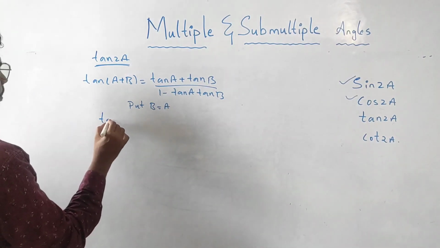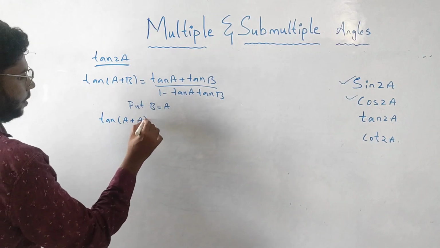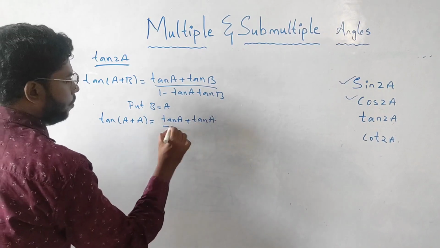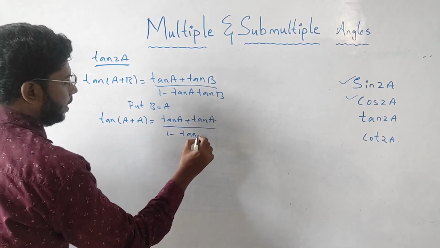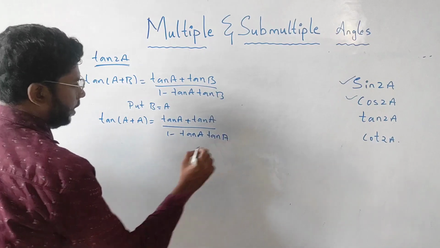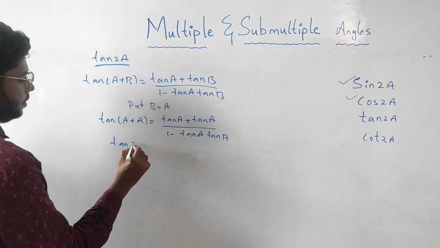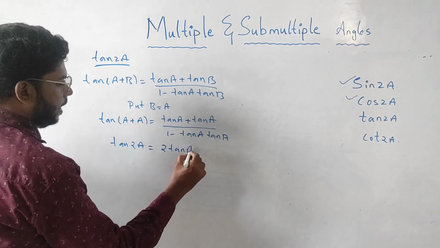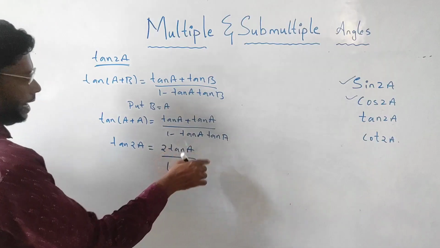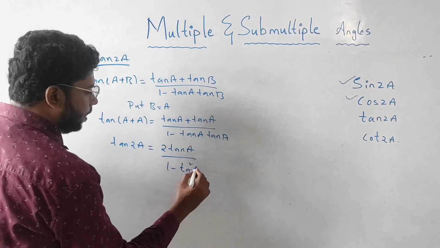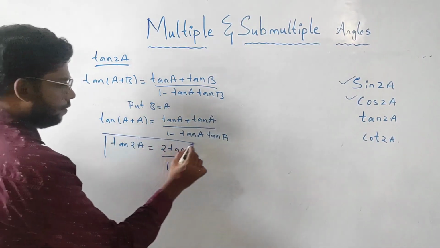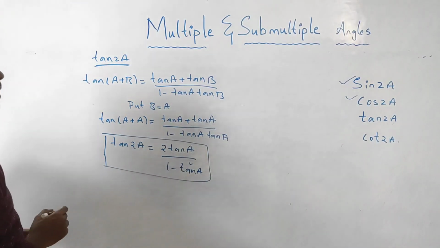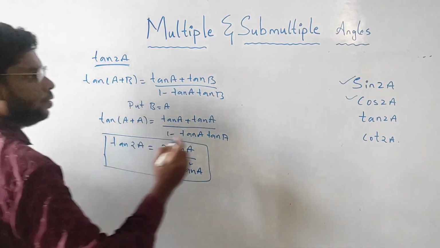So tan of a plus a equal to tan a plus tan a by 1 minus tan a into tan a. So tan 2a equal to 2 tan a by 1 minus tan square a. So this is the formula of tan 2a. Now this tan 2a is also completed.